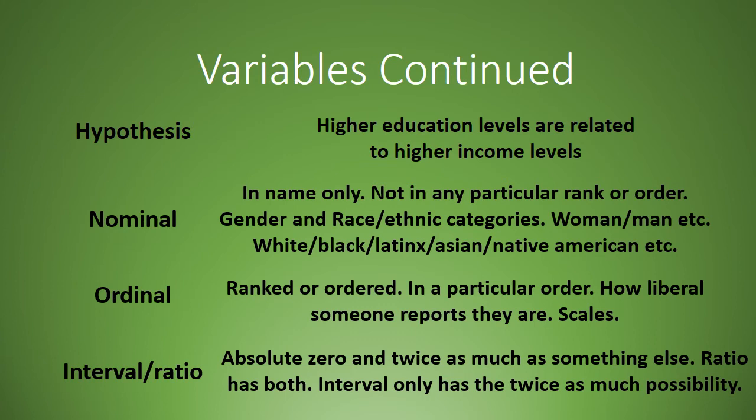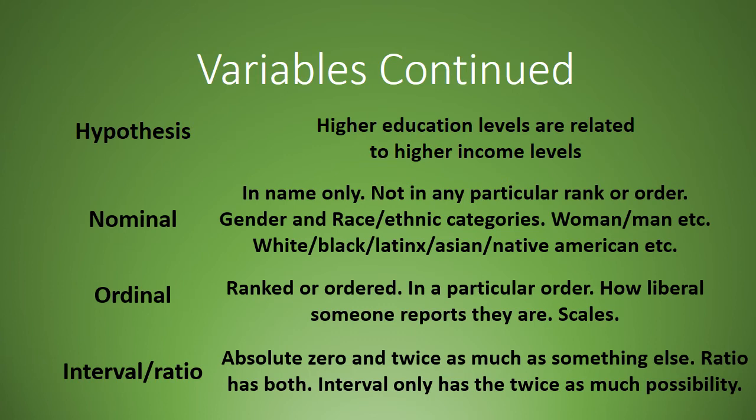An example of an interval variable would be temperature, because you cannot have no temperature, even if it is twice as hot in summer, say 80 degrees, as it was in winter when it was 40 degrees. Some people dispute temperature as an interval variable, but for our purposes, we will call it such.